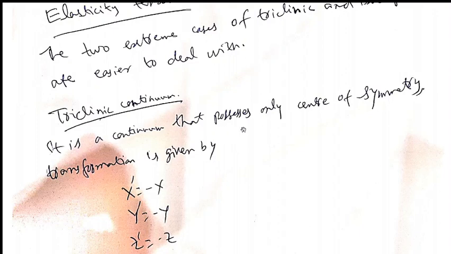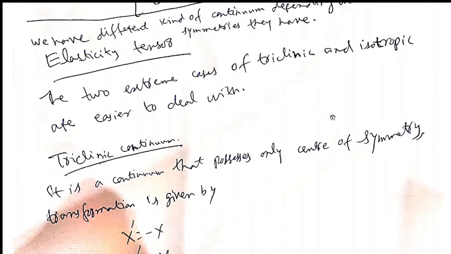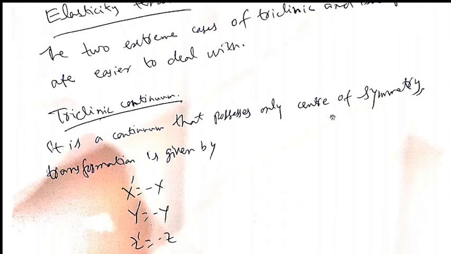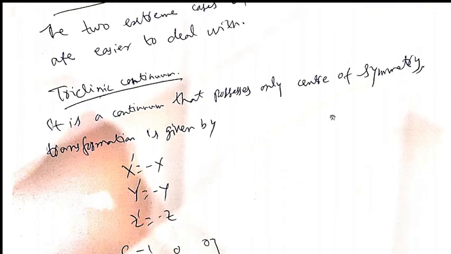So triclinic has only one symmetry, which is the center of symmetry, and note that this center of symmetry will be present in all types of continua.